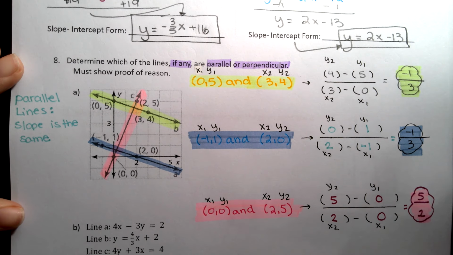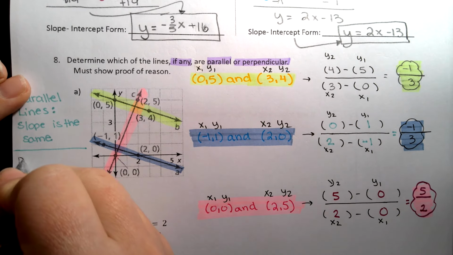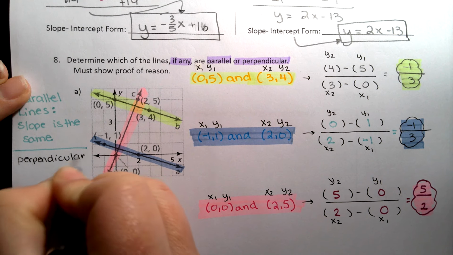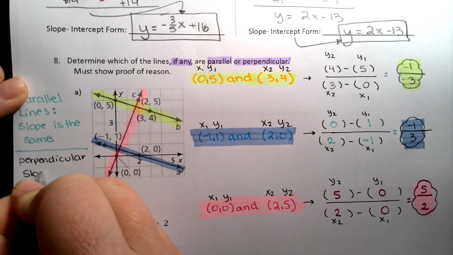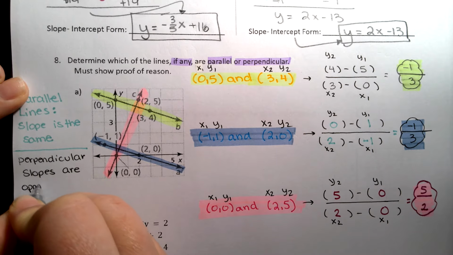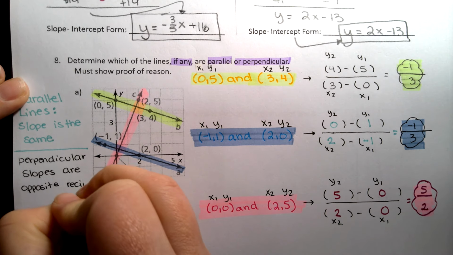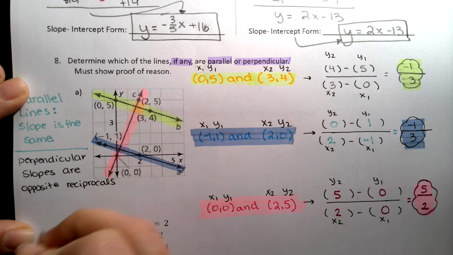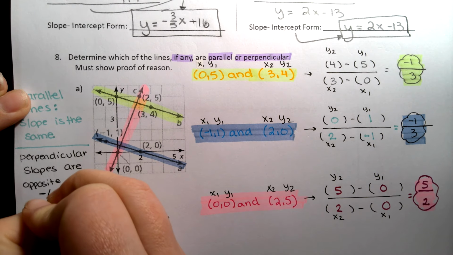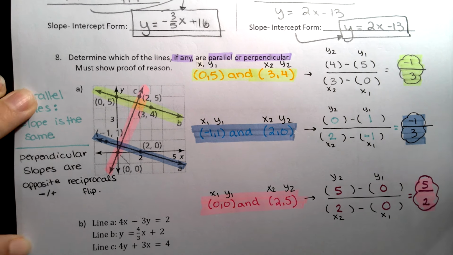If we are talking about perpendicular, slopes are opposite reciprocals. And opposite means plus versus a minus. Reciprocals means you flip the fraction.